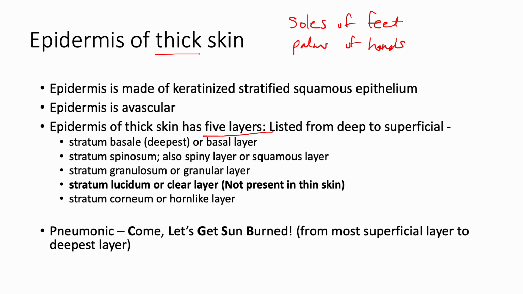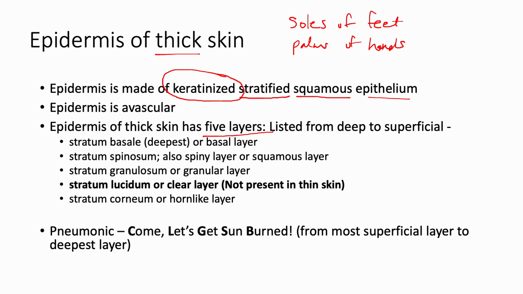So we've already mentioned that the epidermis is made of stratified, that's multiple layers, squamous, that's the shape, right, that flat fried egg epithelium. Now, when we talked about the different tissue types, we mentioned that sometimes stratified squamous is keratinized and sometimes it's not. So for skin, we're going to see that it is in fact keratinized, which makes it stronger.